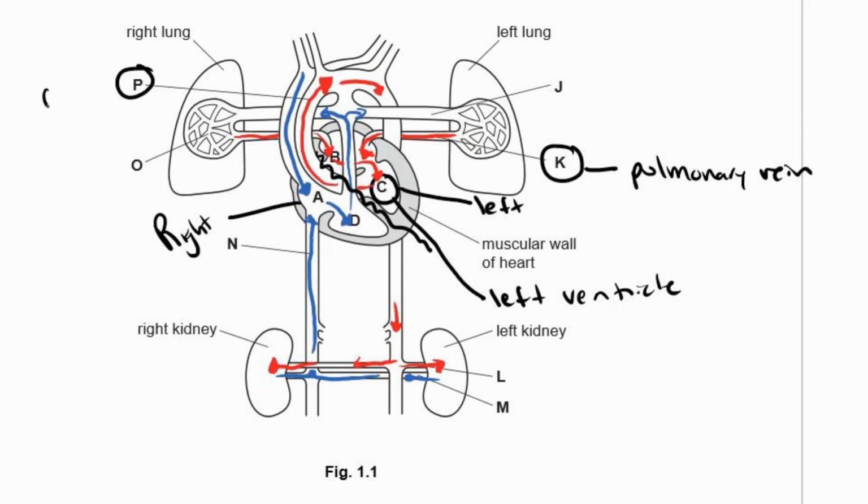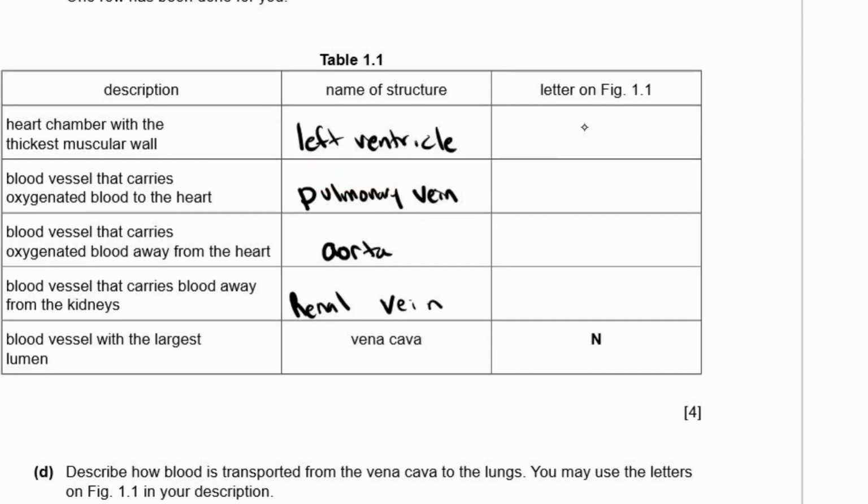It's P. That's the aorta. And the blood vessel that carries blood away from the kidneys, that's this one down here. That is M. That is the renal vein. All right. So we have left ventricle is C, the pulmonary vein is K, the aorta was P, and the renal vein was M.